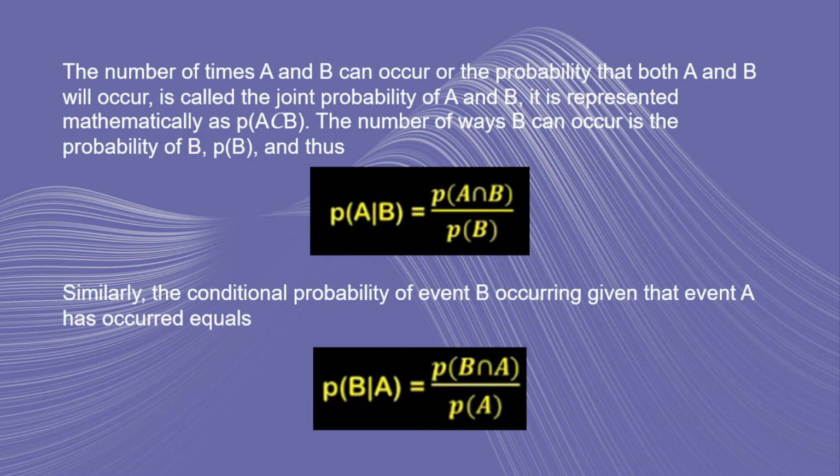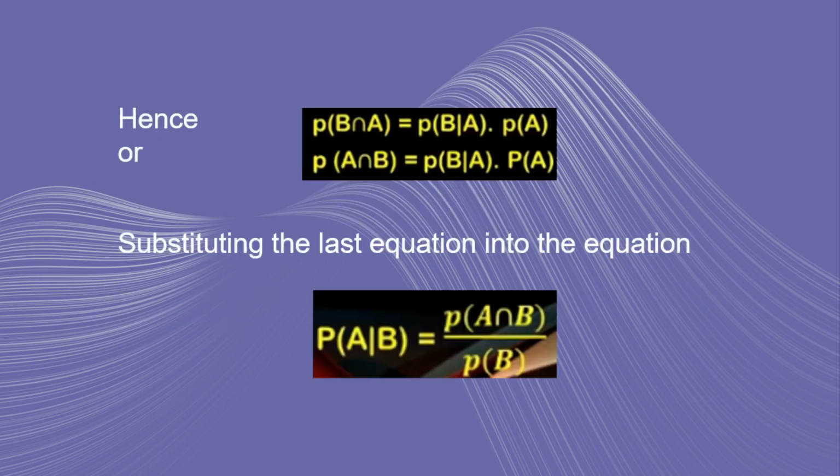Similarly, the conditional probability of event B occurring given that event A has occurred equals P(B|A) equals P(B ∩ A) over P(A). Hence P(B ∩ A) equals P(B|A) times P(A), and P(A ∩ B) equals P(B|A) times P(A).